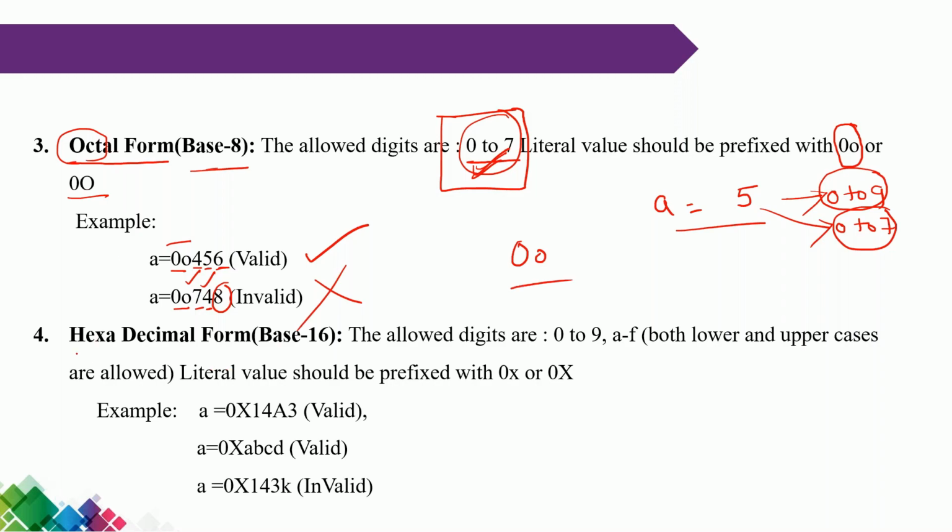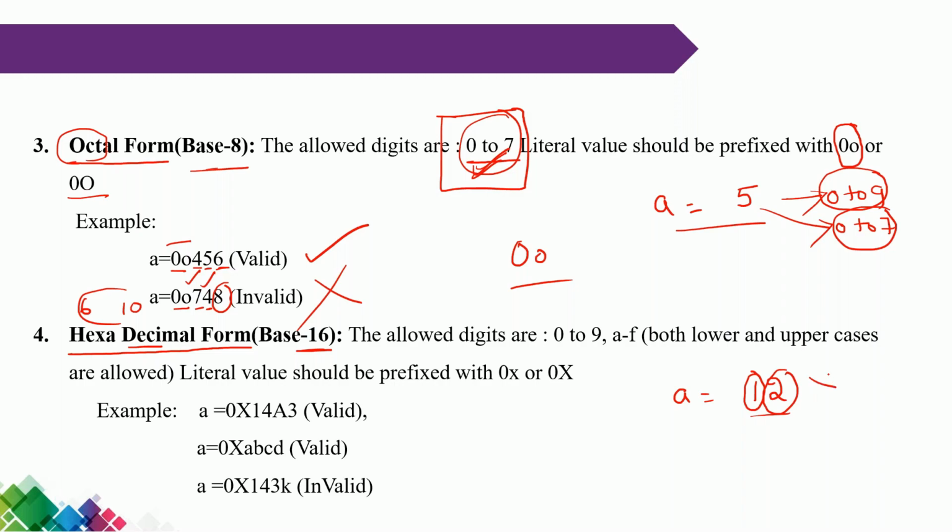Now, finally, the last form is hexadecimal format. Hex means 6, decimal means 10, total 16. General logic: suppose, how do you represent the number 12? If you represent the number 12, from the system point of view, this is 1, this is 2.